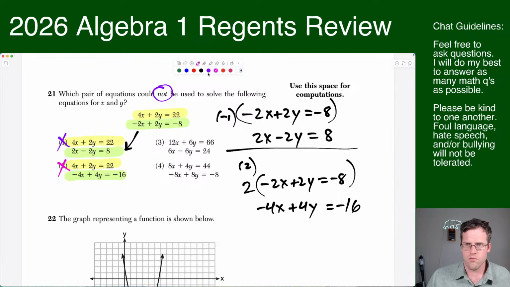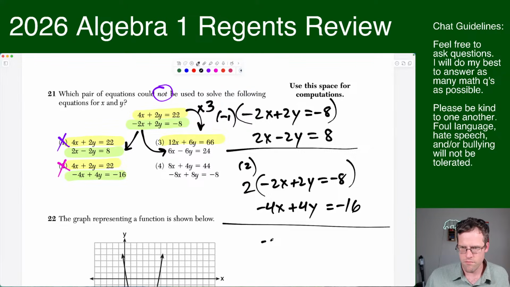So that's out. All right, now this one looks like they multiplied both. So from here to here, see how they went just times 3? Okay, so multiply by 3. And then from here to here, it looks like they did times -3. So let me just show that over here. -2x plus 2y equals -8.